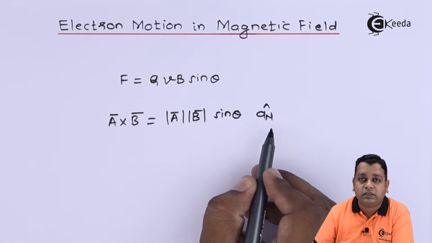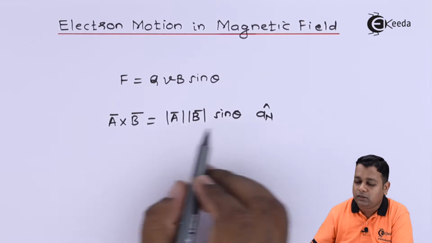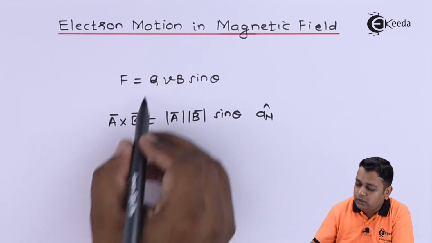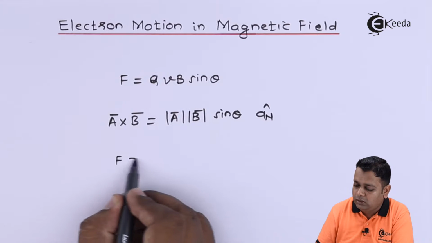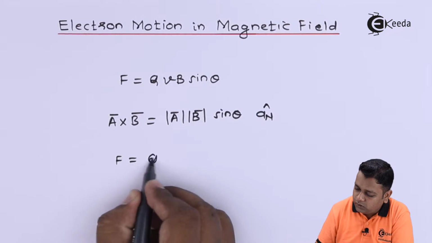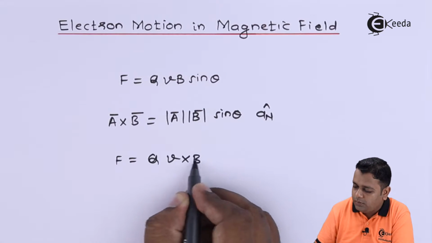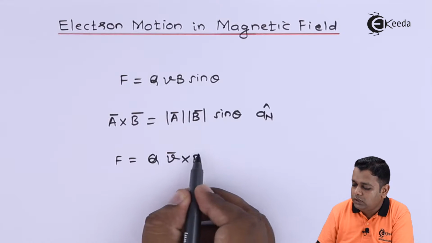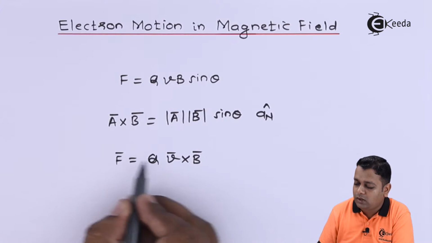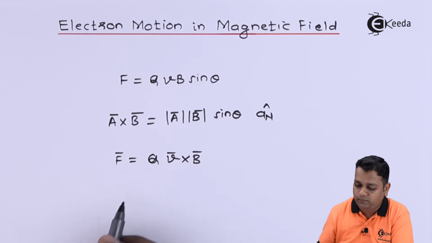The n designates the normal direction, that is the perpendicular direction to the plane in which these two vectors lie. Hence finally, the equation relating to the force is F is equal to capital Q V cross capital B, because velocity and magnetic flux are both vector quantities and force is of course a vector quantity.